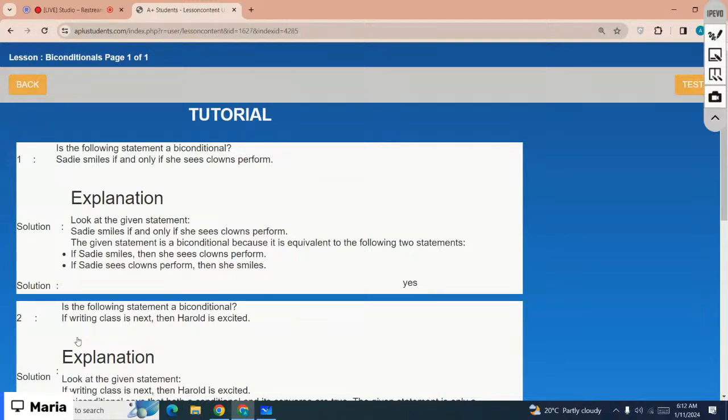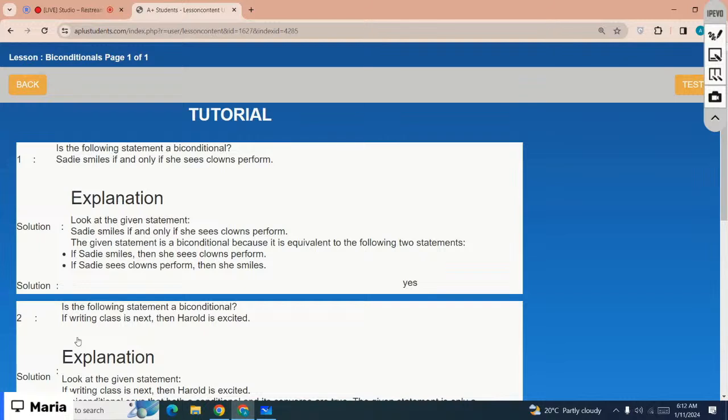Is the following statement a biconditional? The statement is: Sadie smiles if and only if she sees clowns perform. Basically, you have two conditions here, right?